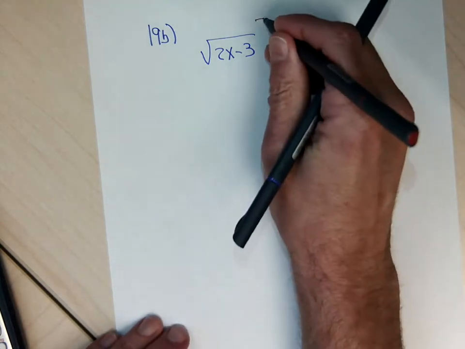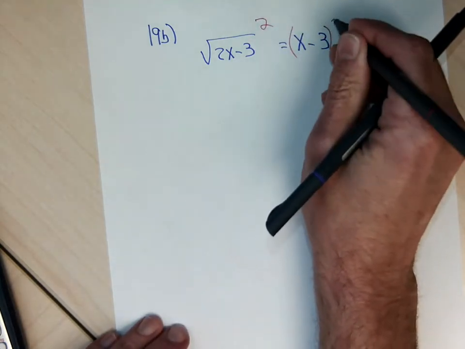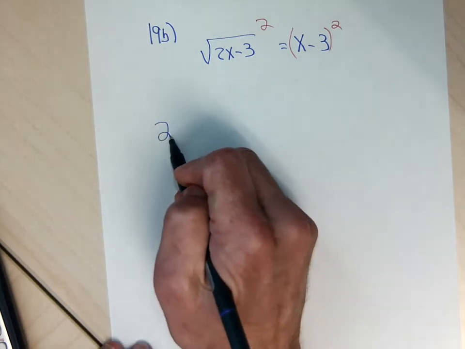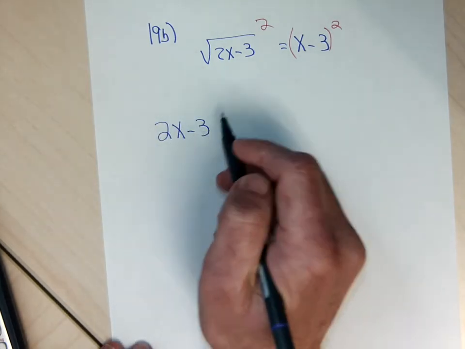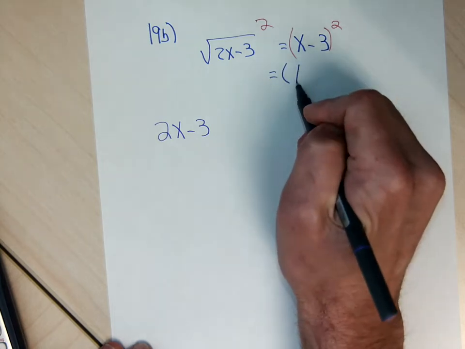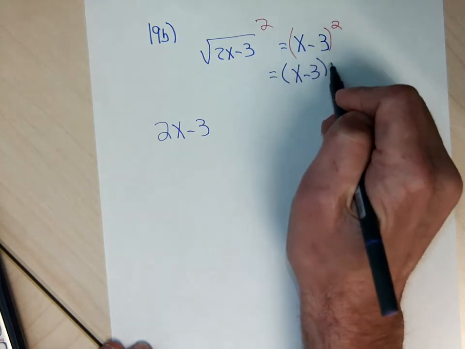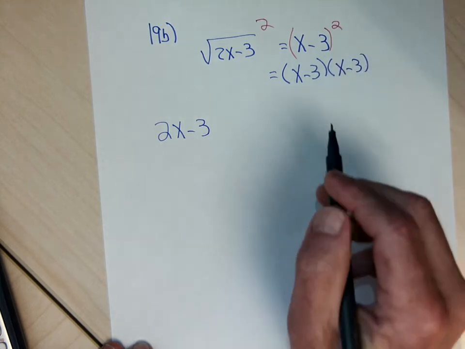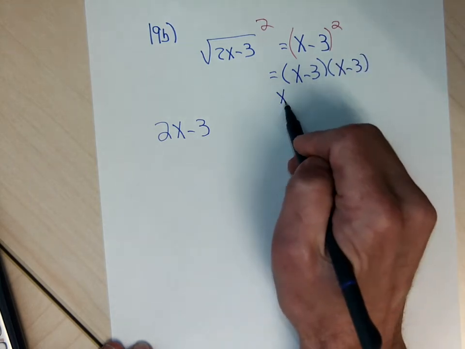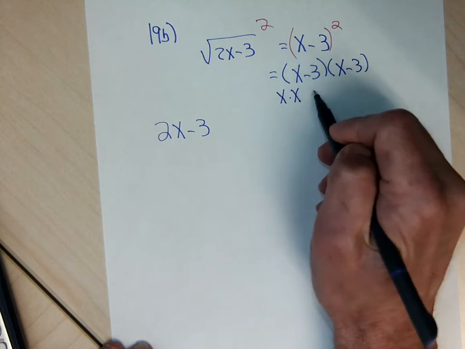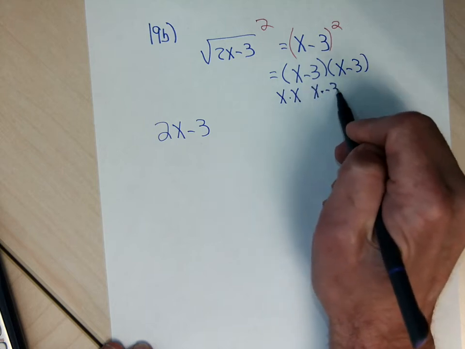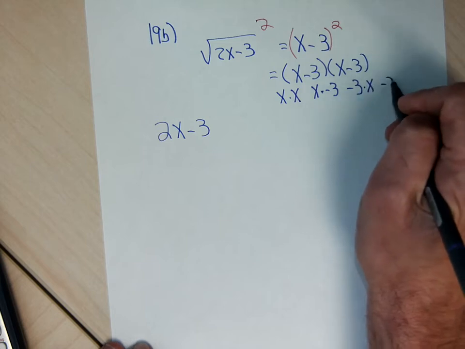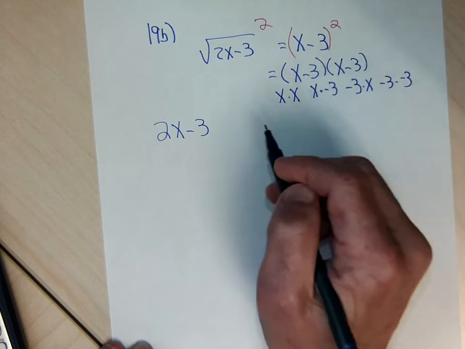I'm going to square both sides to get rid of the square root. On the left-hand side, when I square it, I just get the 2x minus 3. On the right-hand side, I have to create 2 parentheses and do the 4 multiplications: x times x, x times minus 3, minus 3 times x, and minus 3 times minus 3.